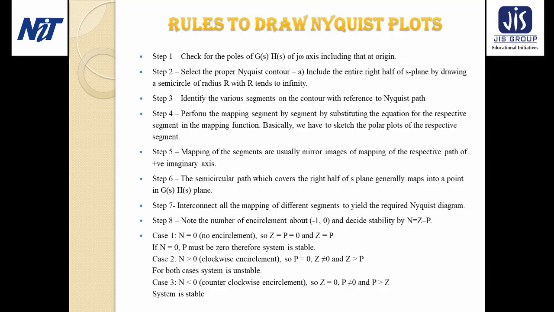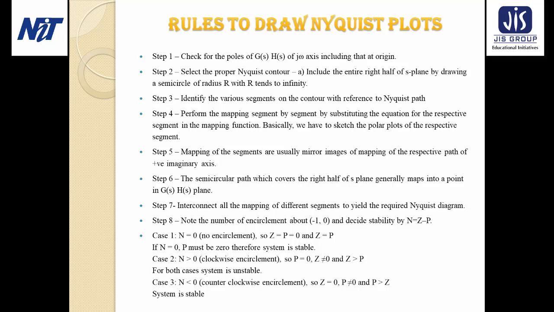Basically, for each section, we need to draw the polar plot of the respective segment. So, if a Nyquist contour has 4 segments, then we need to draw segment-wise polar plots of 4 different segments, and then we will mark the whole plot.